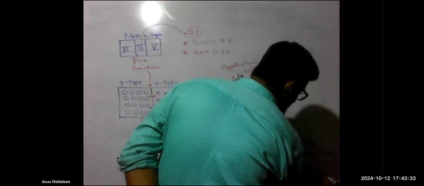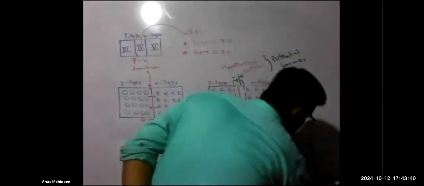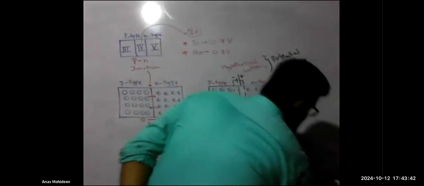Let's say if the bias voltage is more than 0.7, I'm speaking about the silicon, okay? More than 0.7, then current is not 0. Current flows. You understand the point? If the bias voltage is more than 0.7, current flows.